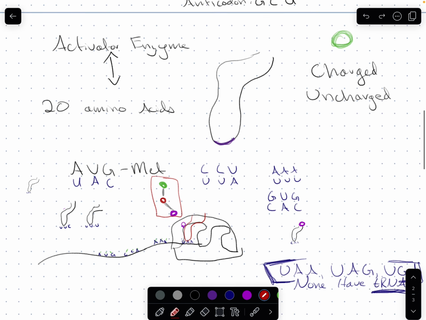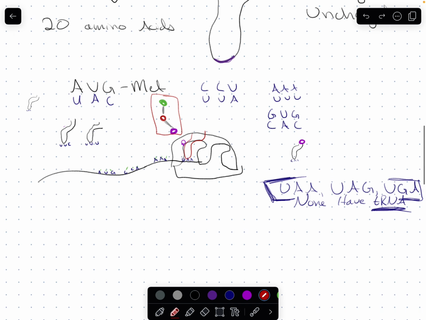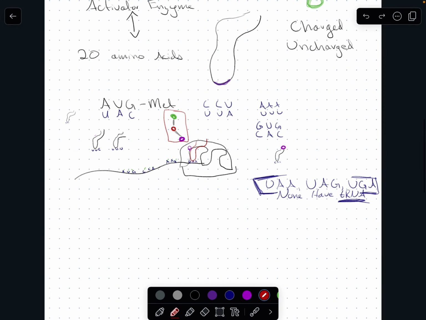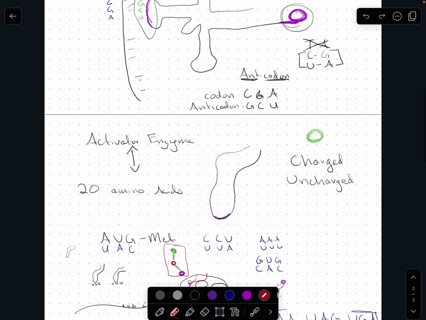So hopefully that all made sense. It's a pretty involved process, but it's nothing too complicated if you take it step by step. Big things to note. Make sure you know what an anticodon is and how to make one from a codon.